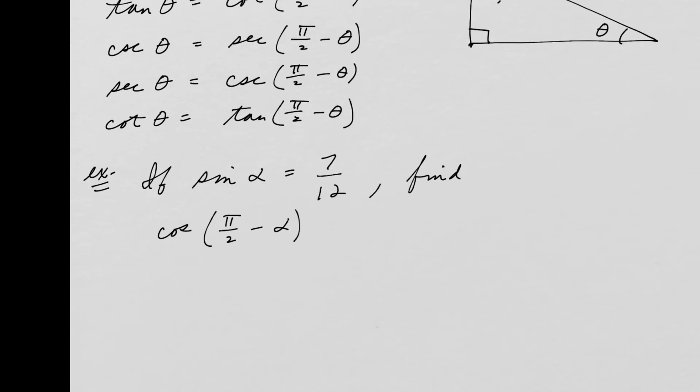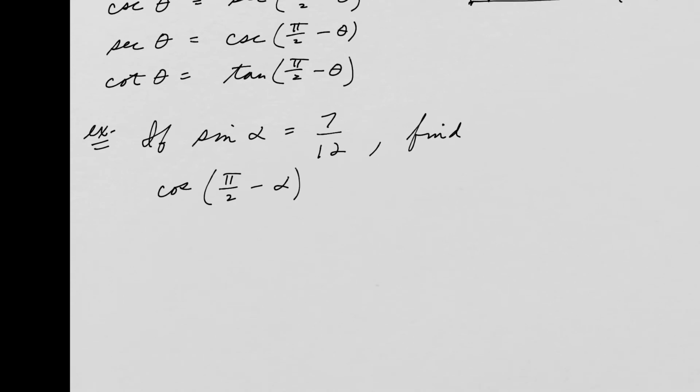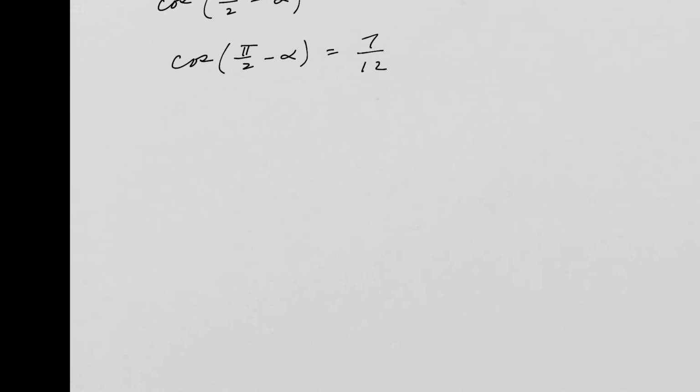Well, since they're cofunctions, we know that sine of alpha is equal to cosine of pi over 2 minus alpha. So in this case, cosine of pi over 2 minus alpha has to also be equal to 7/12, because they're cofunctions.